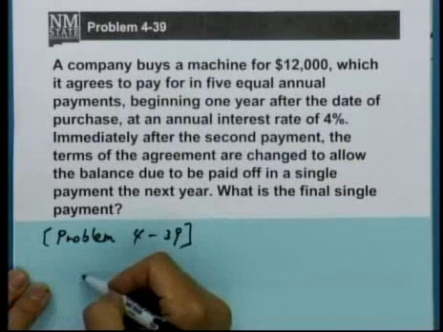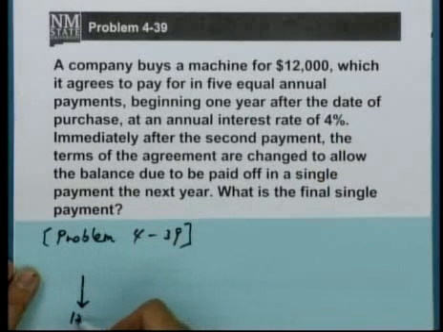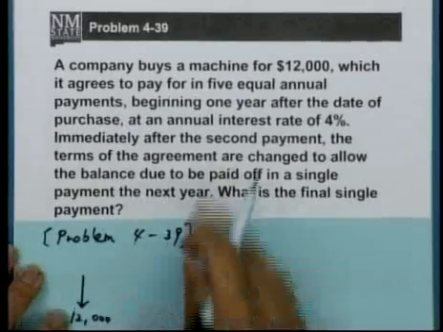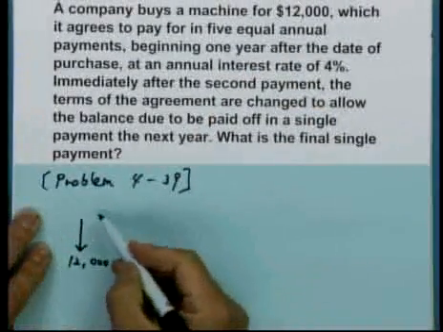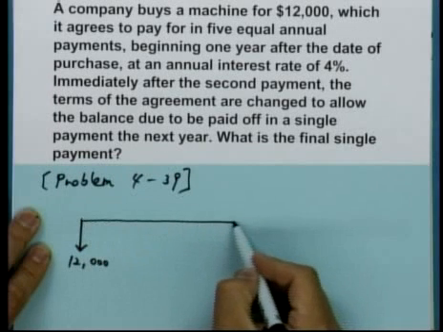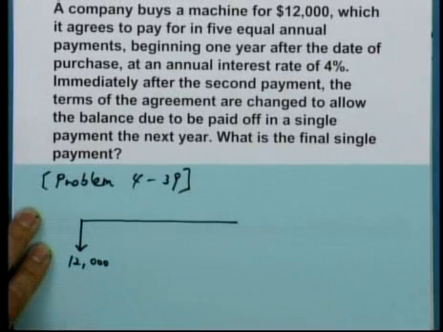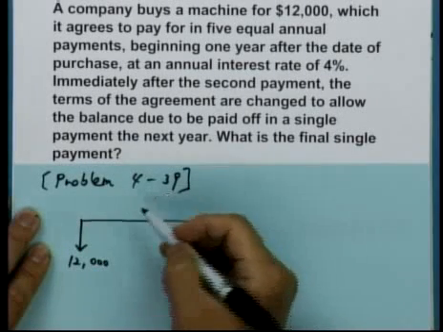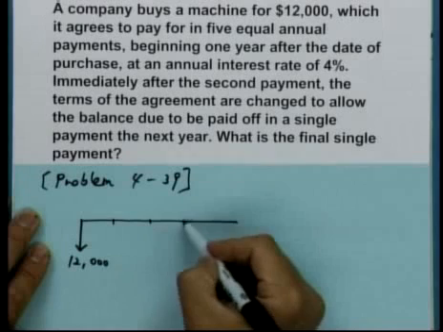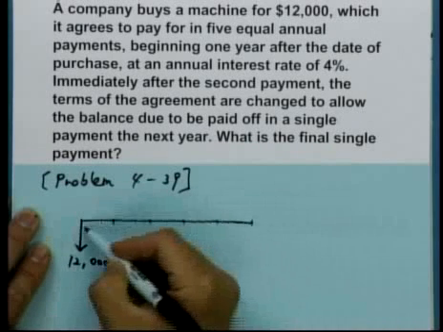So you paid $12,000 and agree to pay for in 5 equal annual payments. So 1, 2, 3, 4, and 5.